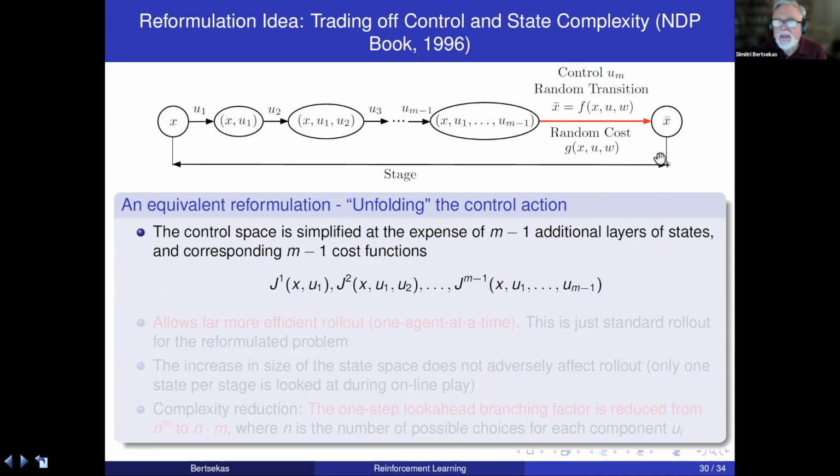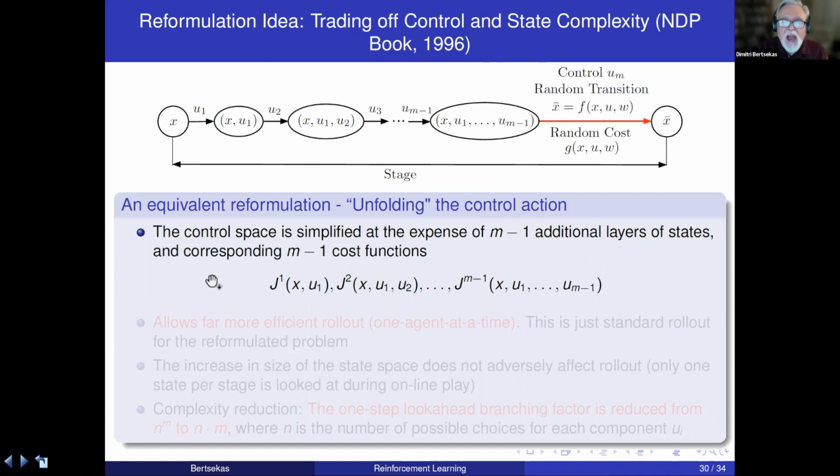So it's pretty evident that by breaking down the stage into a sequence of component stages with application of component controls in between, you obtain an equivalent problem. It's the same problem.